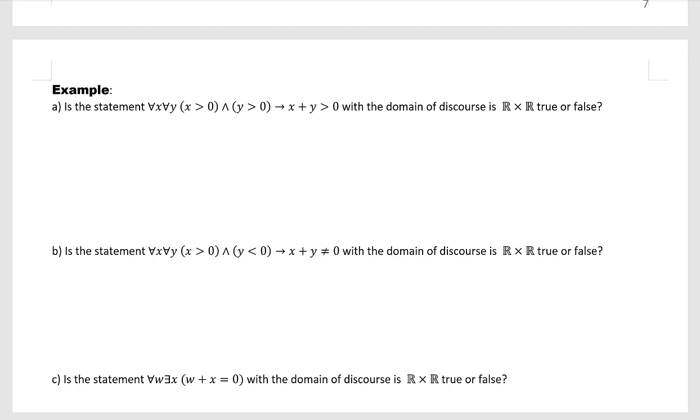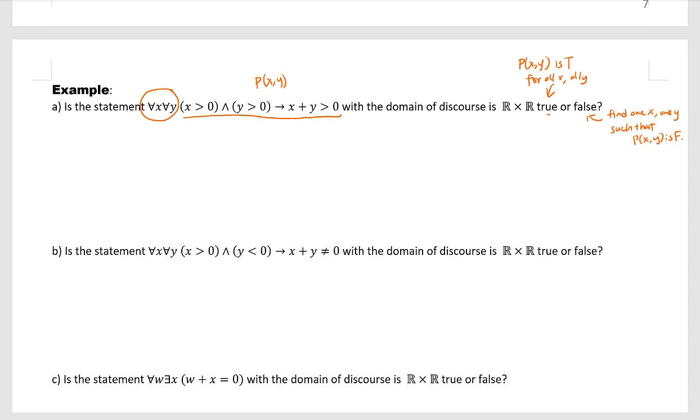Because we have for all x, for all y, if we want to show it true, we need to show that P(x, y) is true for all x and all y. If we want to show it's false, we just need to find one x and one y such that P(x, y) is false.